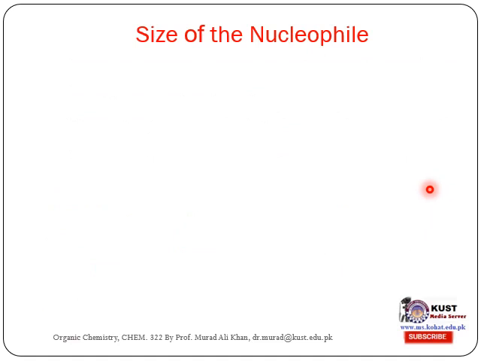Then the size of the nucleophile. The size of the nucleophile is another deciding factor in the course of the reaction, because if a nucleophile has a larger size, it will be difficult for that nucleophile to attack certain carbon atoms which are crowded.